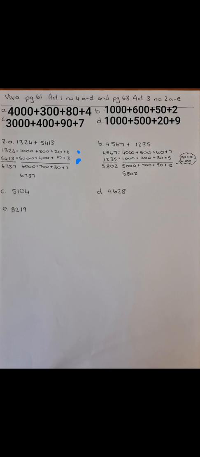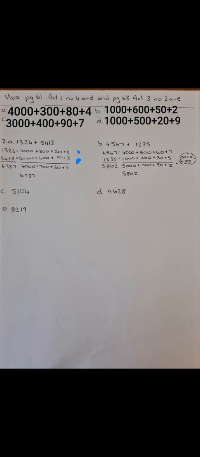The next one, I did the whole same process again. This time 4,567 is 4,000 plus 500 plus 60 plus 7. And then I said 1,235 is 1,000 plus 200 plus 30 plus 5. And then I added them together and I said 4,000 plus 1,000 is 5,000. So 500 plus 200 is 700.